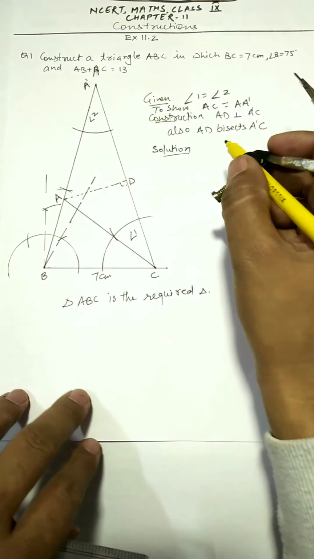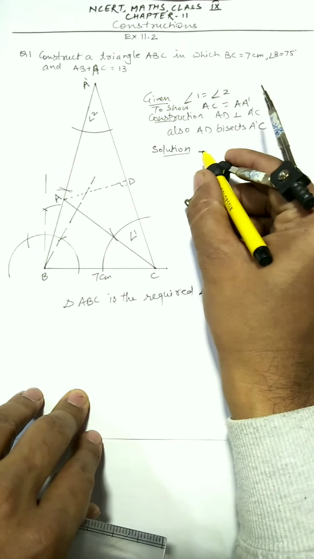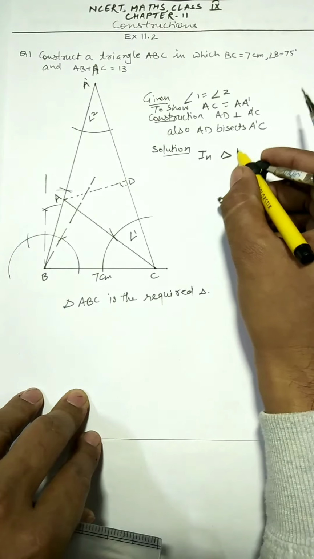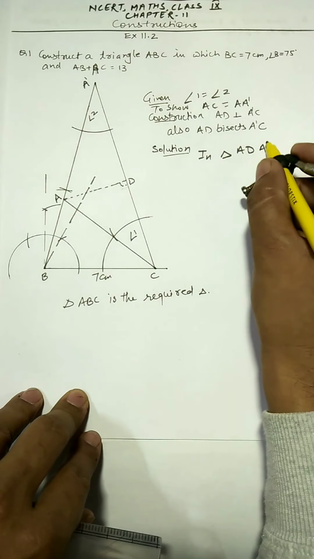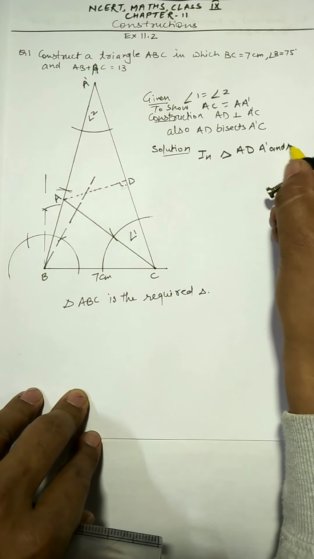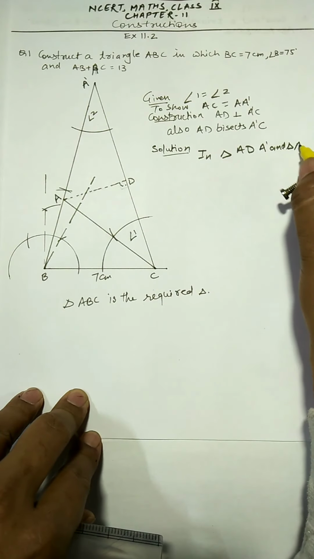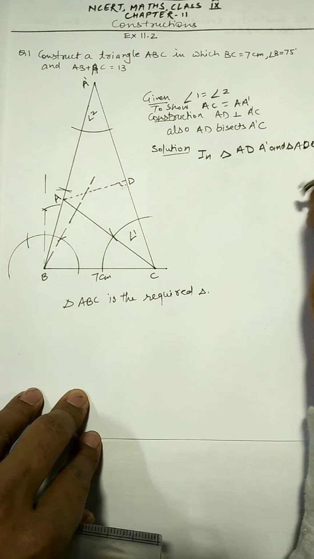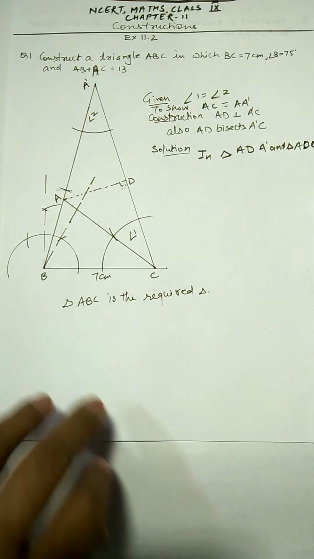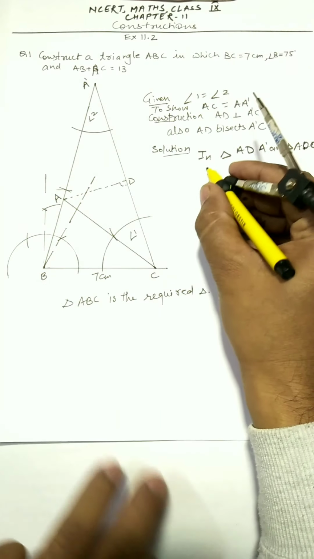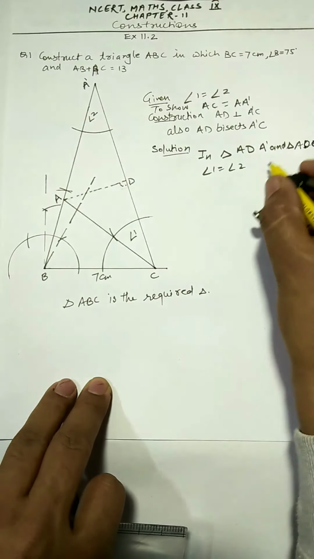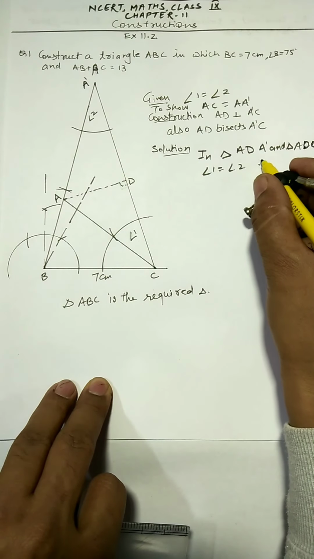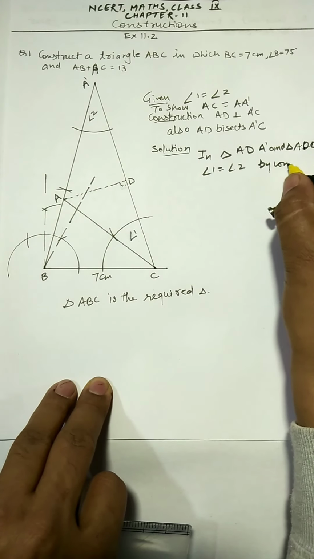So see this solution. We take two triangles: triangle AD A dash and triangle ADC. In these triangles, angle 1 is equal to angle 2, by construction.